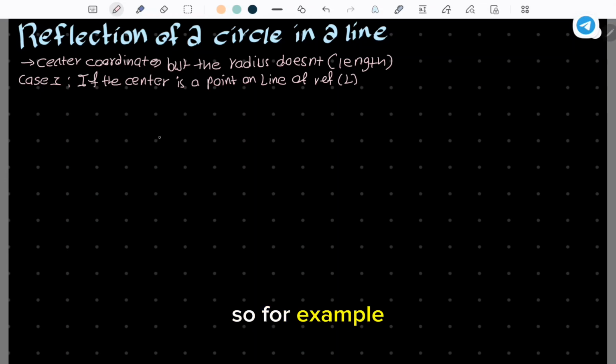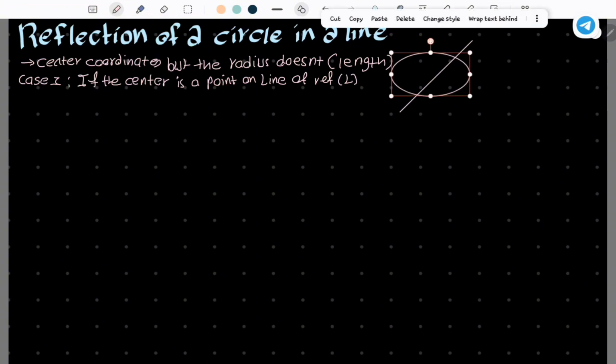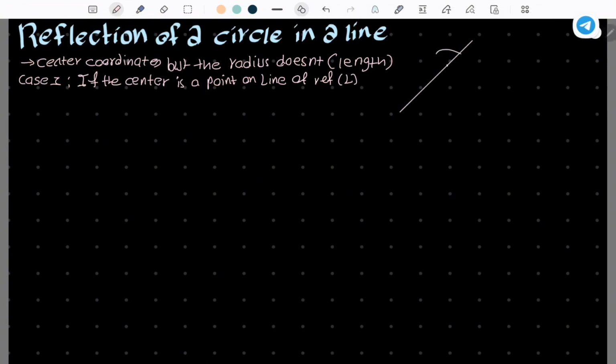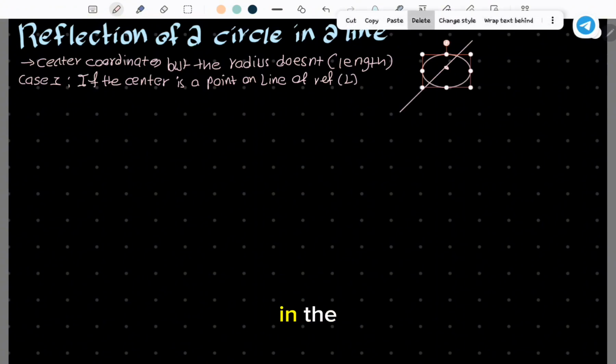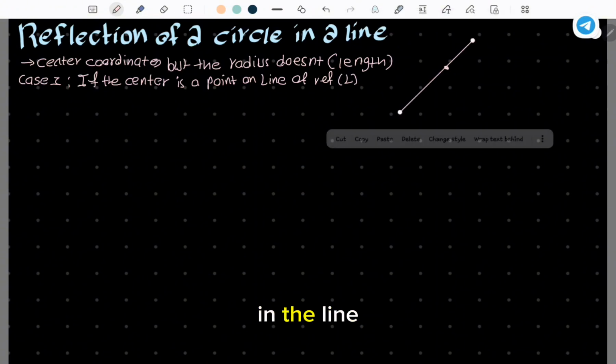So for example, if this is the line of reflection, and we have the circle, and the center of the circle is this one right here, then the image is itself, because the center lies on the line of reflection.